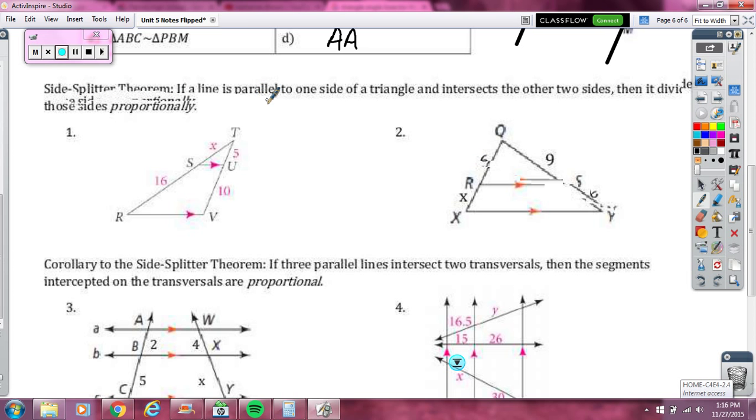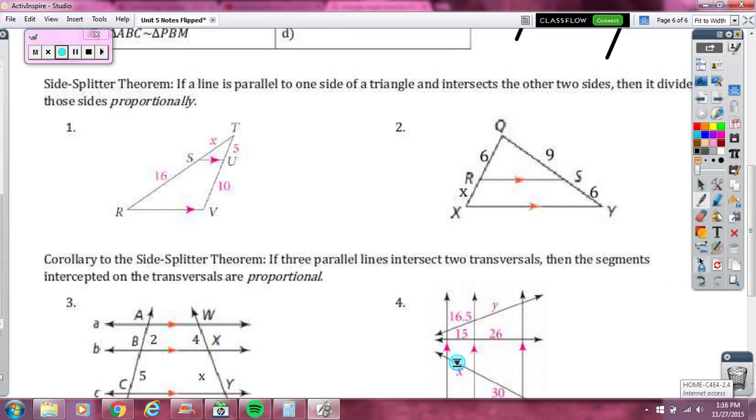The side splitter theorem, which says that if a line is parallel to one side of a triangle and intersects the other two sides, then it divides the sides proportionally. Alrighty, so when I look at this first triangle, I see the parallel lines here, and dividing the sides proportionally means we're going to be making some fractions.